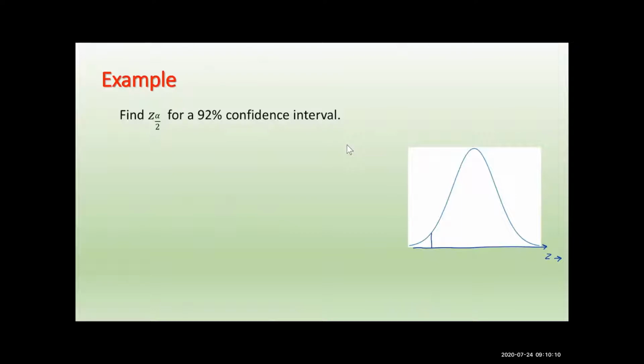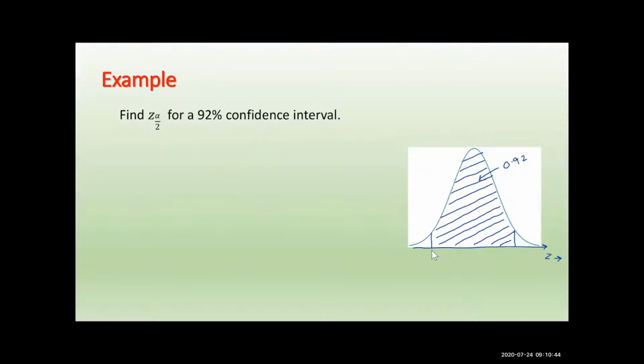This middle region is the 92%, or 0.92. This area is 92% of the total. When we talk about the confidence interval, we are talking about the middle percentage, whatever is given. Here it is the middle 92%. This interval from here to here is 92%.